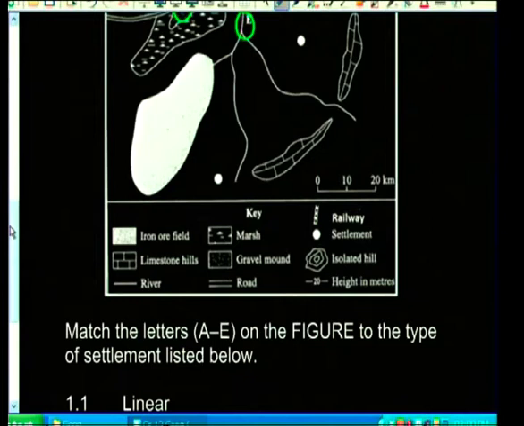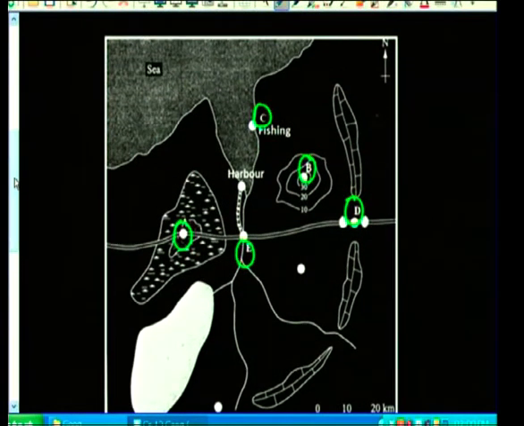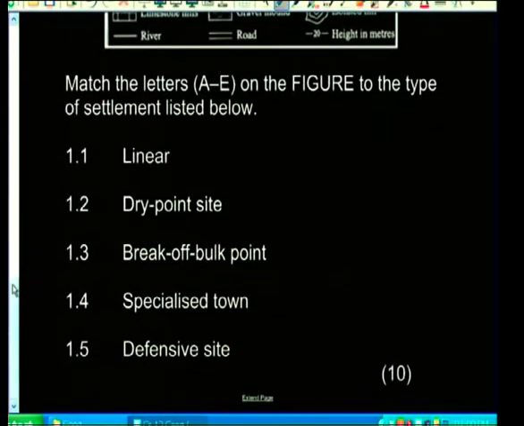If you go to your key, you will see the settlements are indicated with a white dot, and therefore if we look at the diagram, settlement D is located along the road which forms a linear settlement. Linear settlements can either be along a road, they could be along a river or even a railway line, and therefore our linear settlement is label number D.